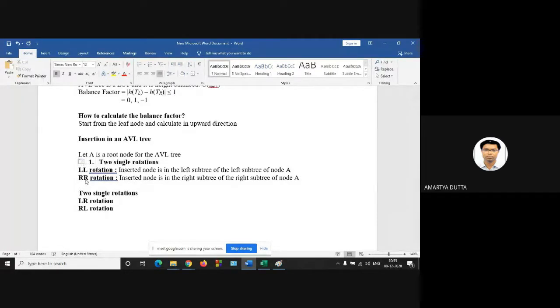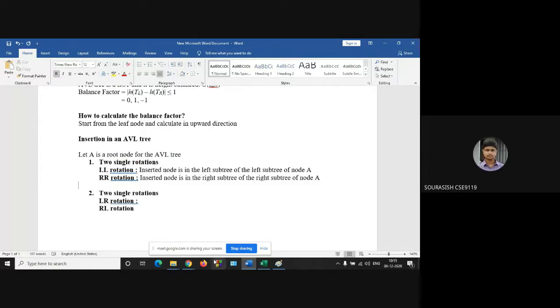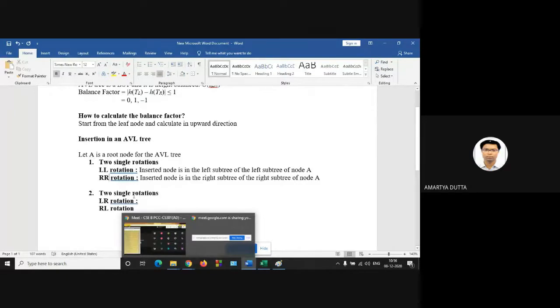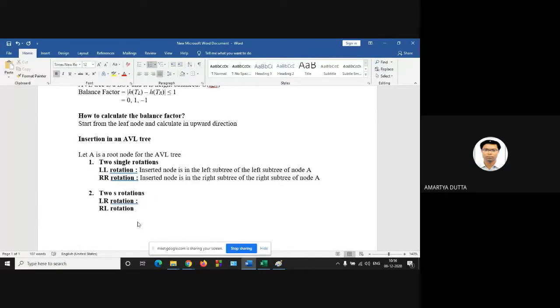So the first one is two single rotations, and the second is two double rotations. Now LL means the inserted node is in the left subtree of the left subtree.